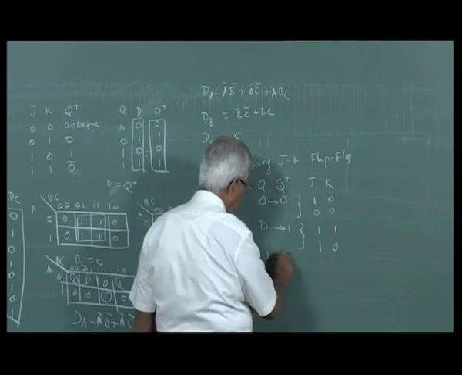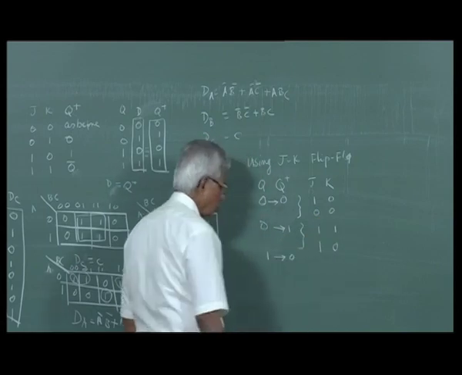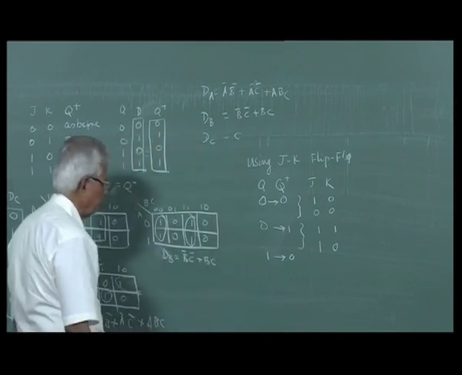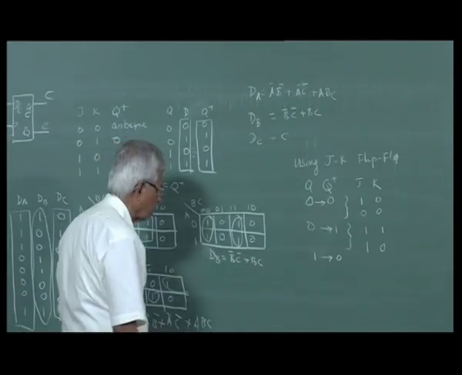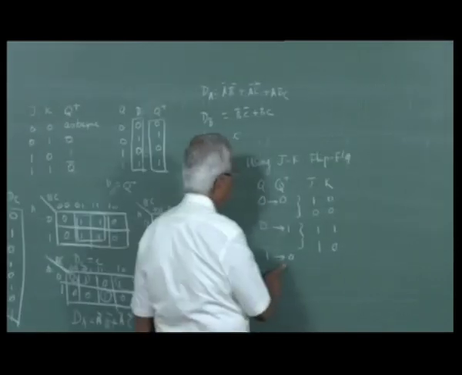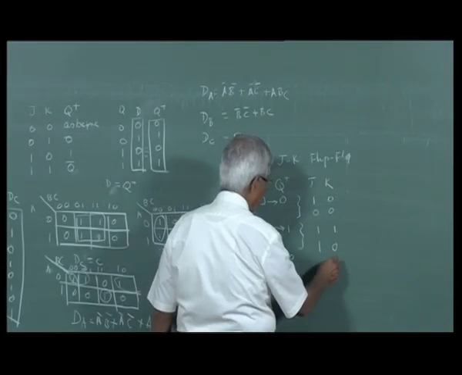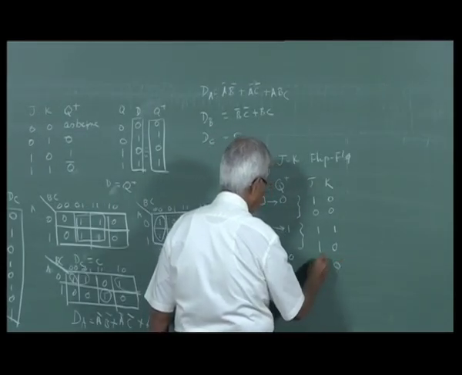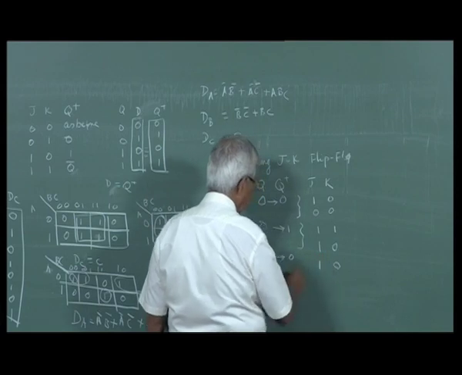Then if the present state is 1 and next state is 0, K should be 0, so I can have 0 here and 1 here, or I can have 1 1.